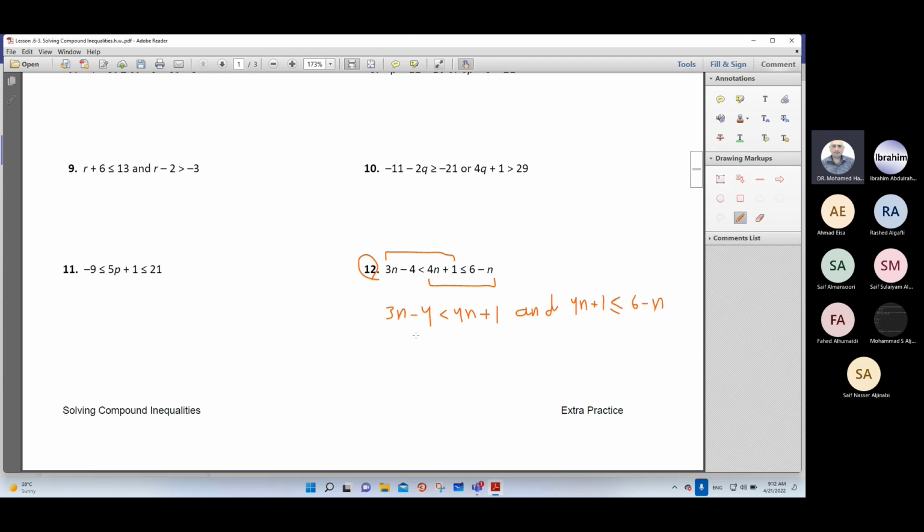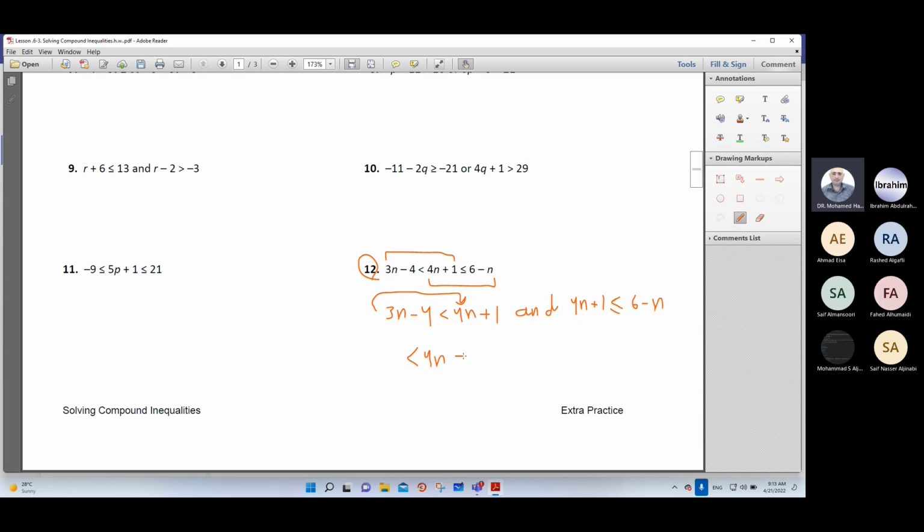Then we want to solve the first inequality, then the second inequality. To solve the first inequality, we can move the term that has n to the side of the other term that has n. So we can subtract 3n from the two sides, or we can directly take 3n to the second side and switch the sign. Here we have the sign of the inequality. Here we have 4n. Then when you move 3n to the second side, it will be negative 3n.